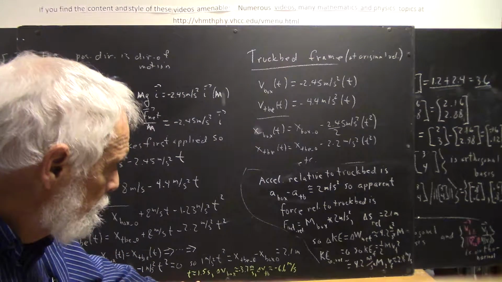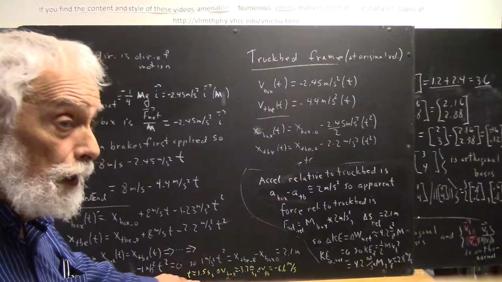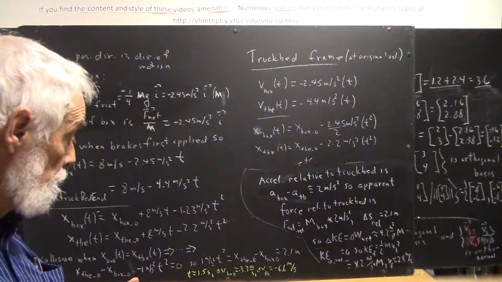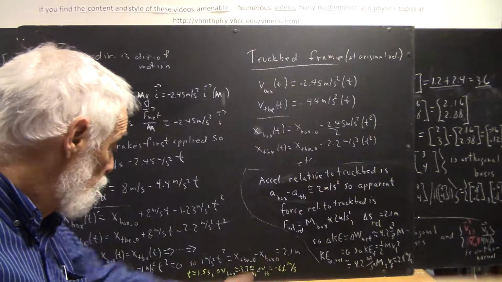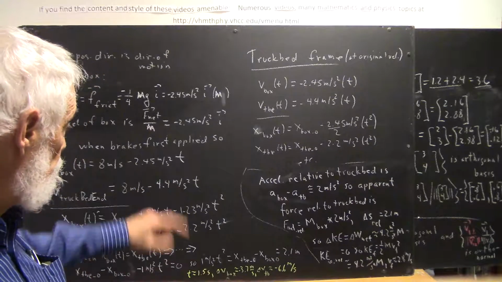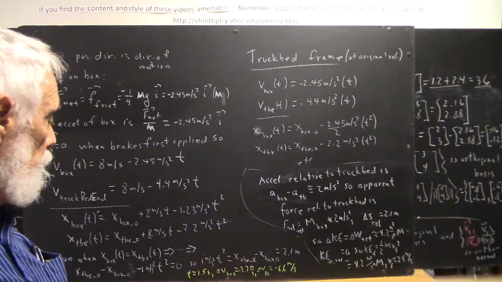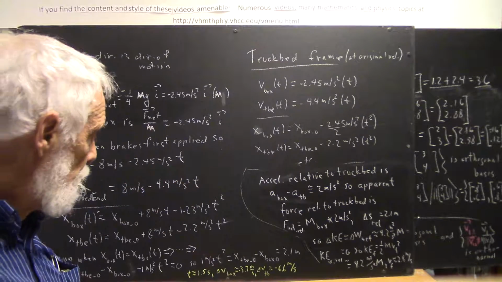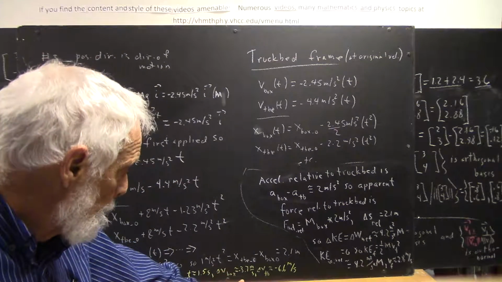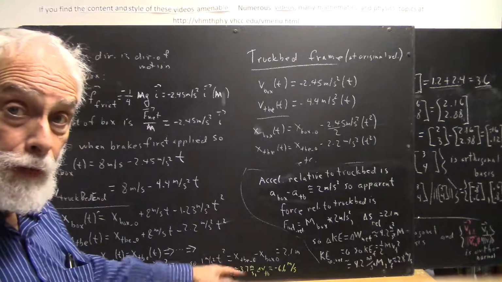That's the time on the clock, if the clock started when you first hit the brakes. So the time interval during which the box moves is 1.5 seconds. Its acceleration is 2.45 meters per second squared, and we simply multiply that by the 1.5 seconds to get negative 3.7 meters per second change in velocity of the box.